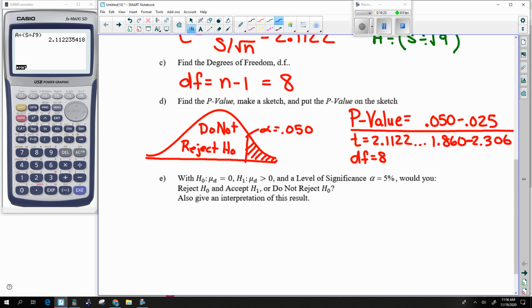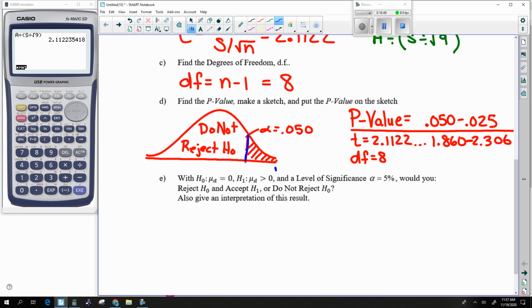Here I have a p-value that is 0.05. You'll notice 0.05 is right on the line, so that doesn't really help us. In those situations where it falls right on the line, we default to the other p-value. It will lean towards the other p-value. And we see that the other p-value is 0.025, which is smaller than that alpha.